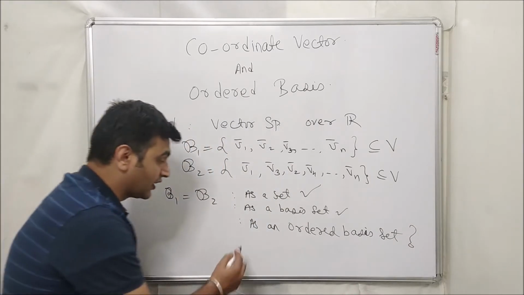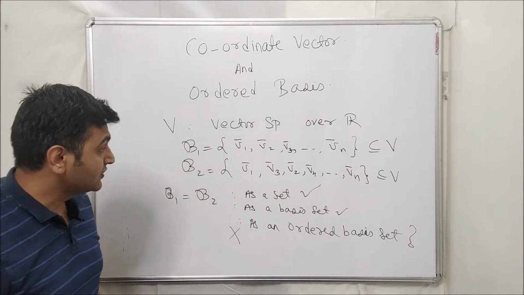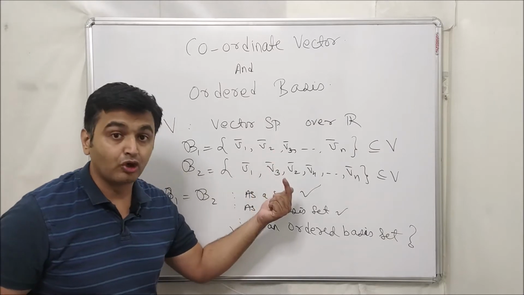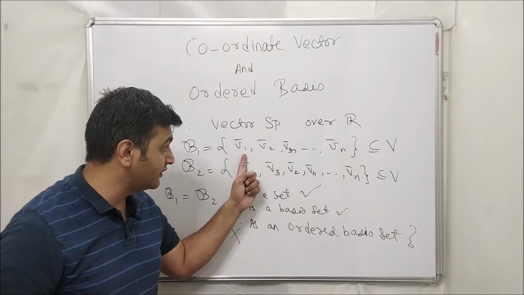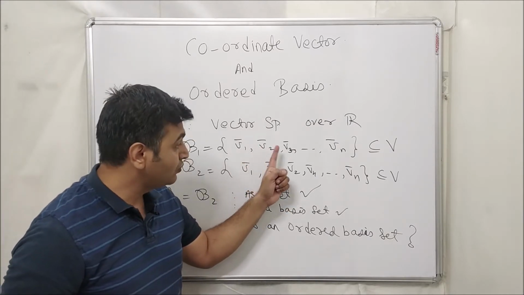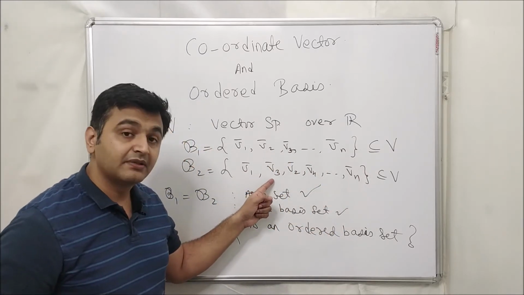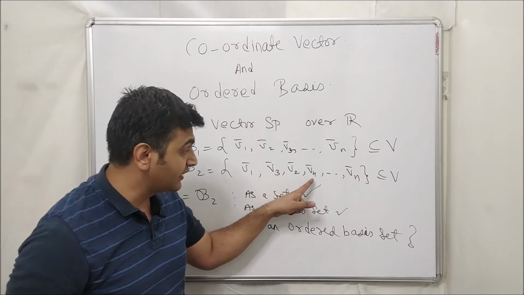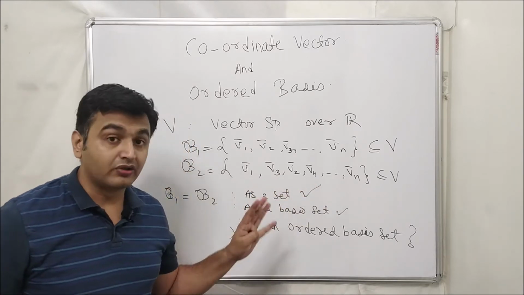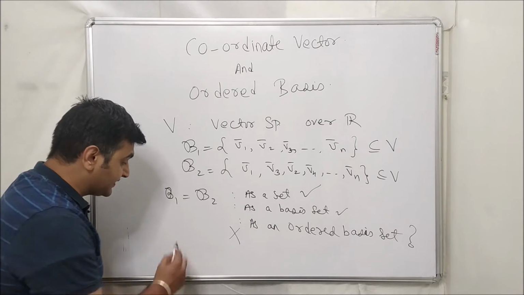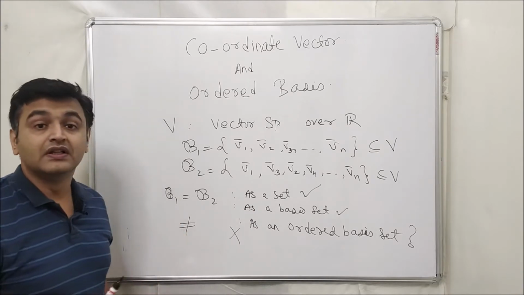Now here your answer is no, because if you observe, we have changed the order. Here the order was V1 first, then V2, then V3 and so on. Here V1 is coming first, but then V3 is coming and then V2 and then V4. So here we have changed the order.